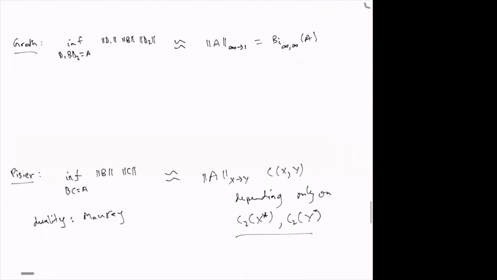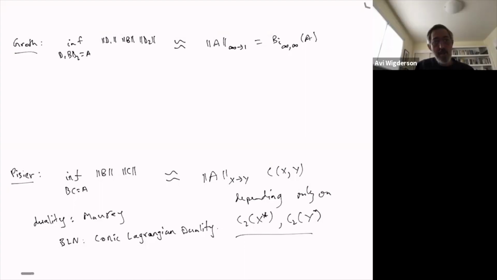This time, it's not semi-definite programming duality, but in the joint work with Uyong Lee and Asaf, we give a different proof of this fact using, again, just standard duality theory in optimization. In this case, it's called conic Lagrangian duality. This conic Lagrangian duality allows you to write this infimum on the left as a maximization problem.